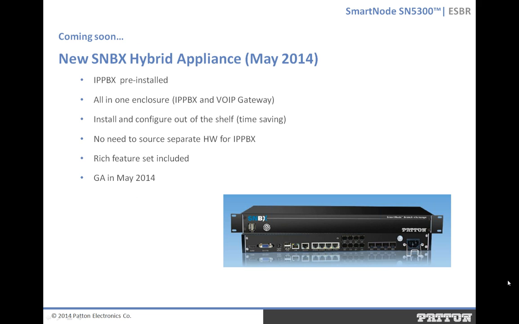That means it's going to be a product with an IPPBX hardware platform combined with TDM ports, all in one unit, as you can see on the picture. That's our next product we are about to release during May this year. So stay tuned for that. We're planning a next webinar giving you some more details on the SNBX hybrid appliance.